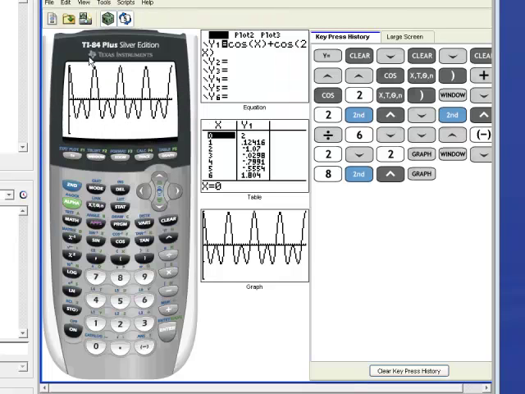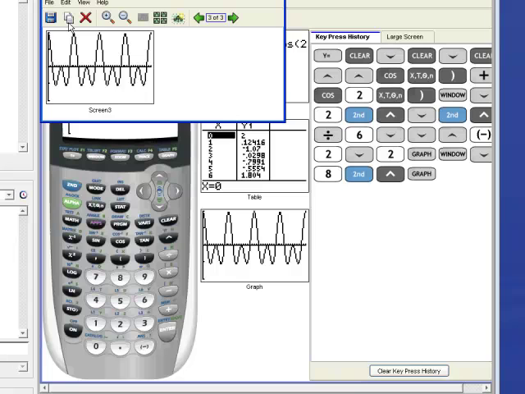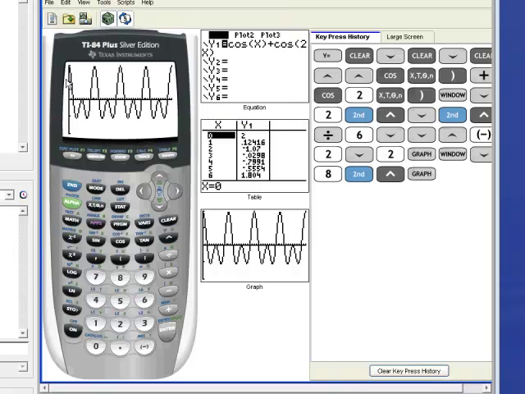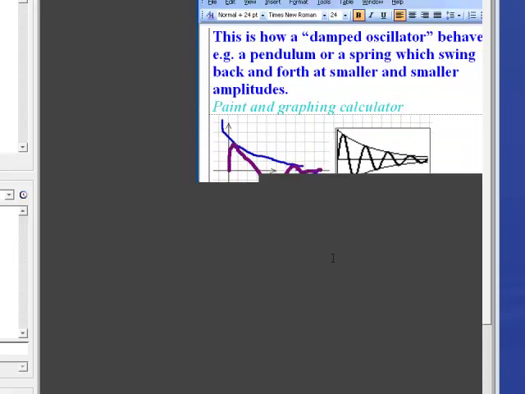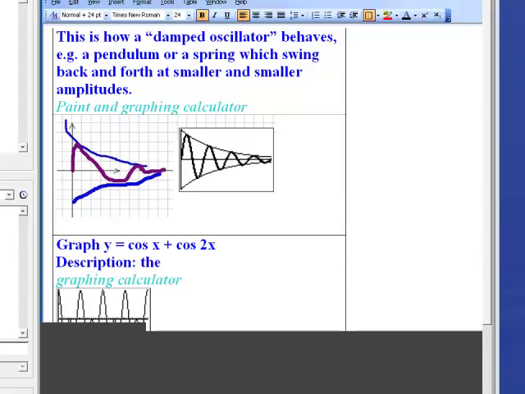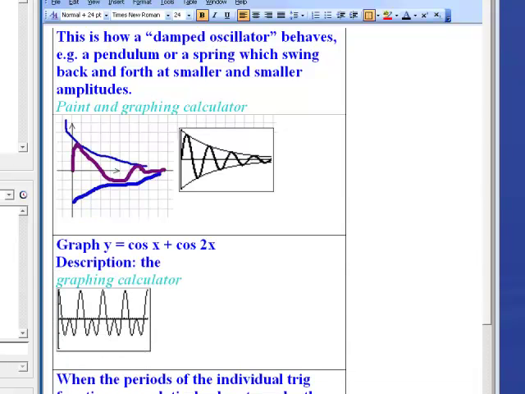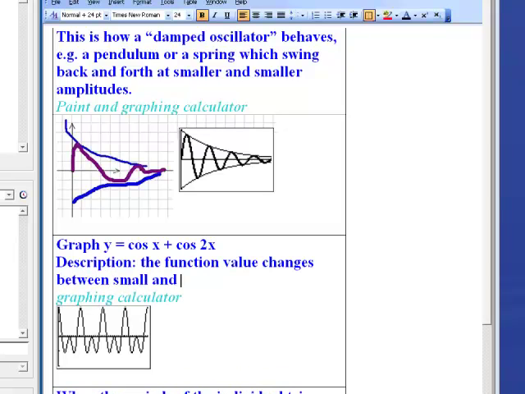Okay, let's go back to the lecture. So the function value changes between small and large amplitudes. Let's see what happens when the periods of the 2 individual trig functions are relatively close to each other.